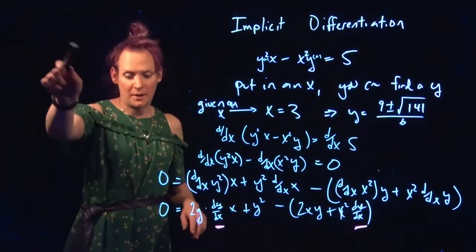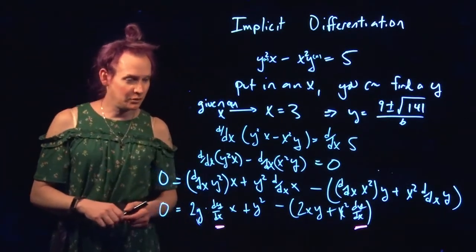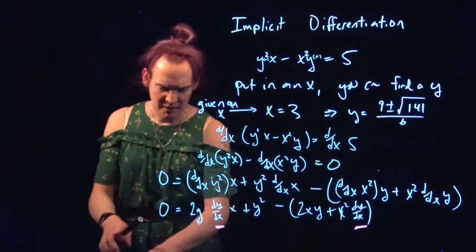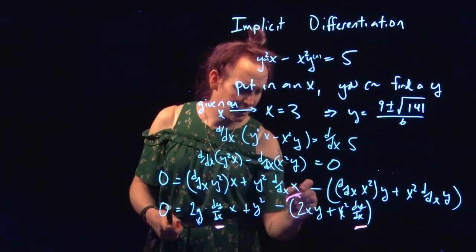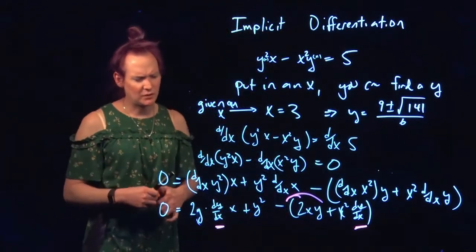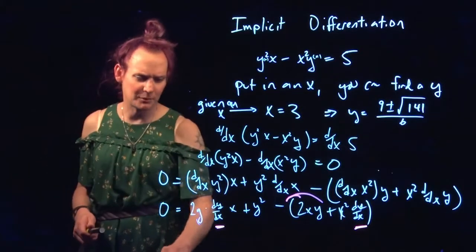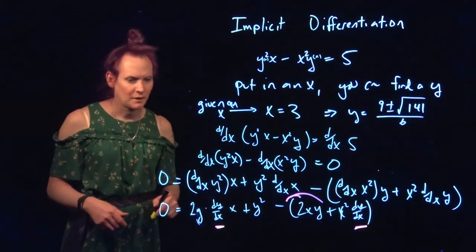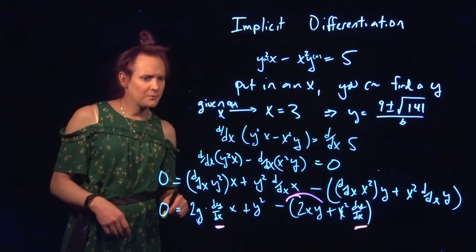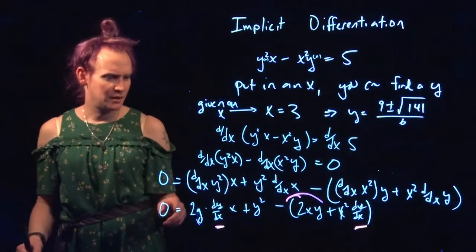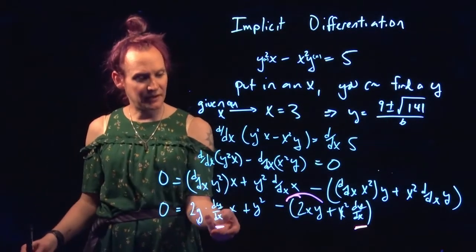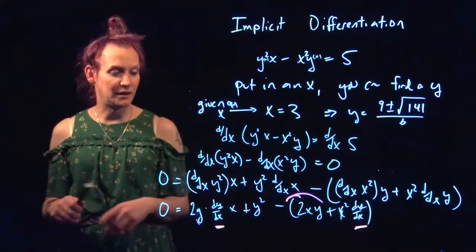I think I better move up here in order to have enough room. I'm going to distribute this minus sign across each of those two quantities. Be super careful with your parentheses when doing product rule. What I'm going to try to do is put everything that doesn't have a dy/dx on one side and everything that does on the other.